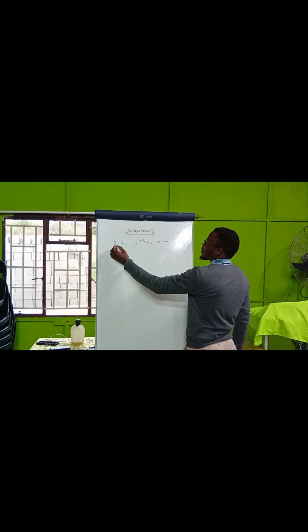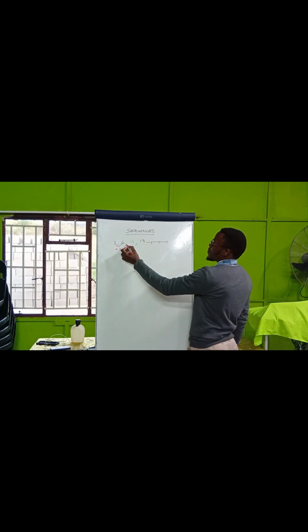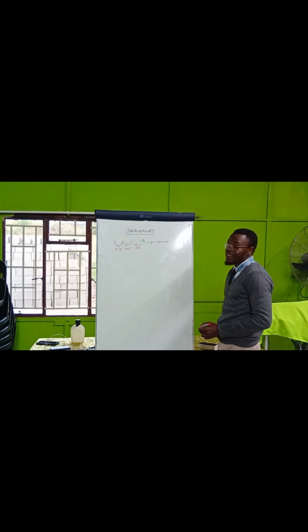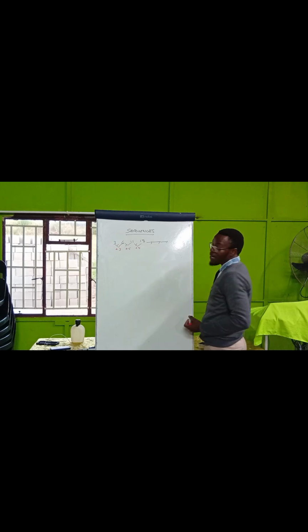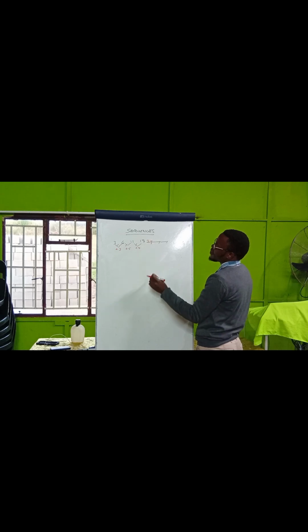You will notice that to go from 3 to 6 we add 3, and to get the next we add 5. Then we add 7, then we add 9 to get 27.